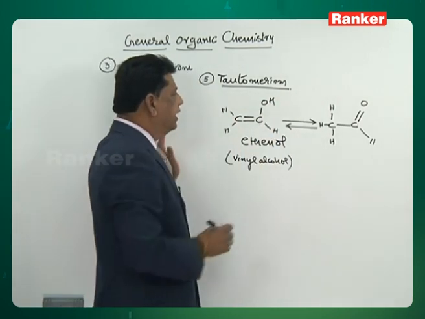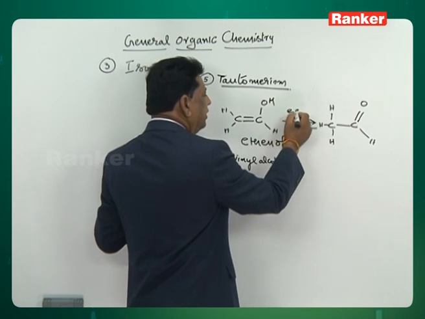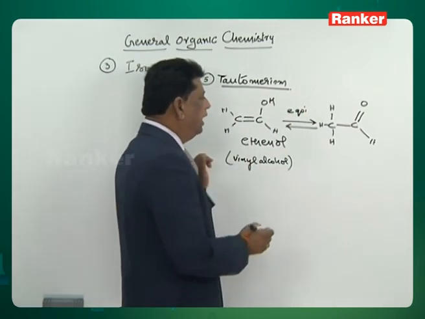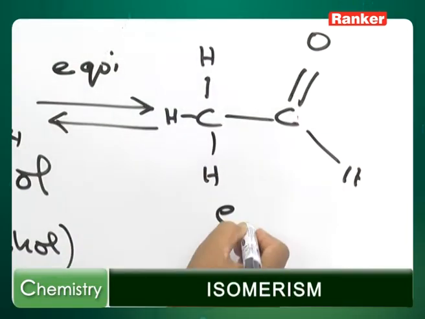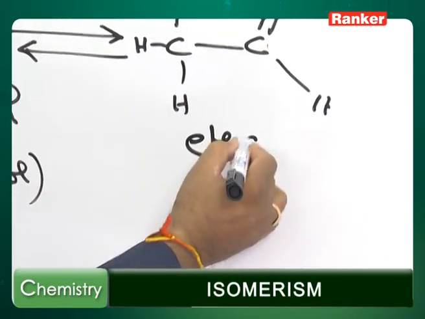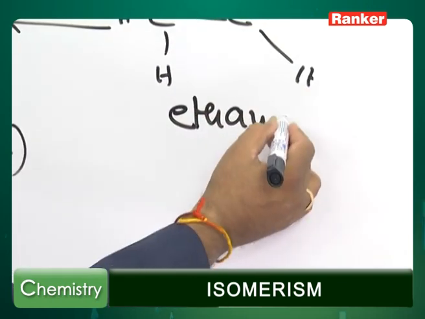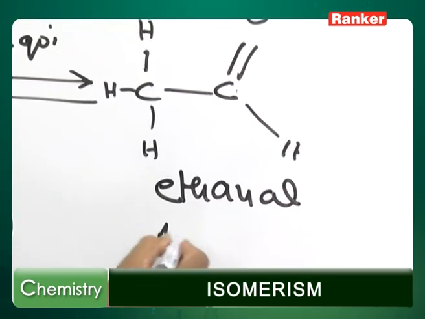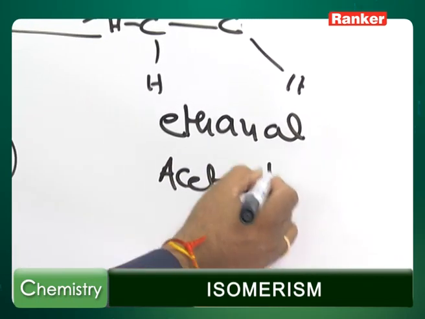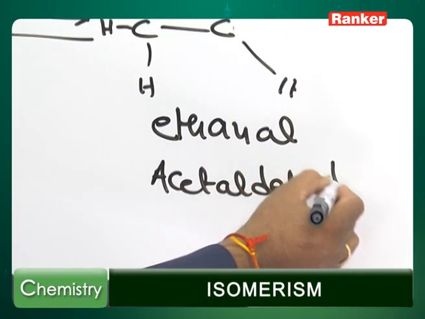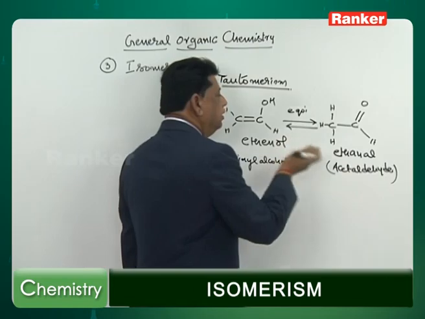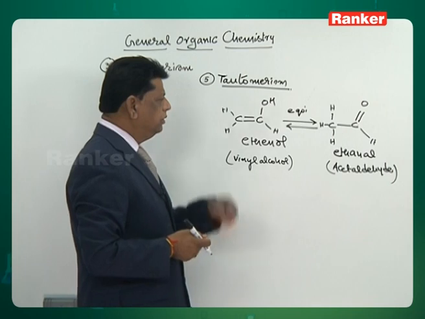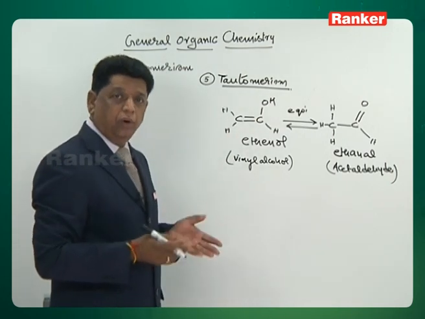They exchange in an equilibrium between the vinyl alcohol and this compound, which is systematically called 2 carbons eth, single bond an, then aldehyde, referred to as al. So this is ethanal, which has a common name called acetaldehyde. Acetaldehyde and vinyl alcohol are said to be in equilibrium. This is one compound, that is another compound, but they go on exchanging.